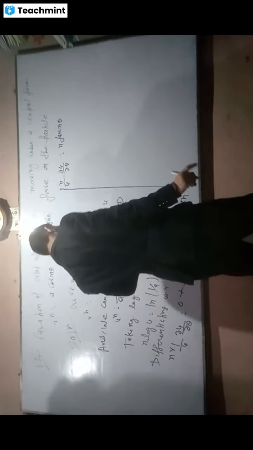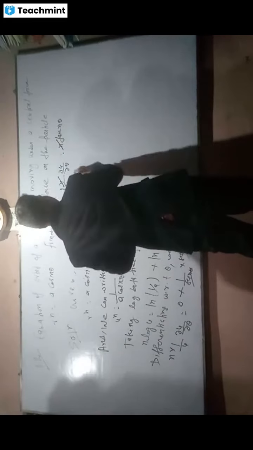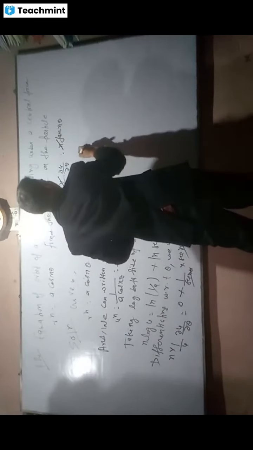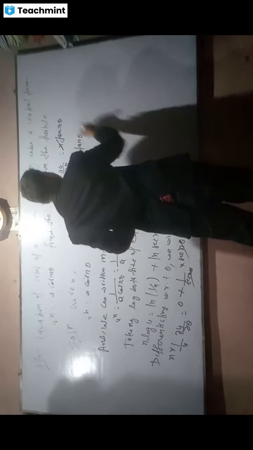Here cancel out n tan nθ, n tan nθ, and also again differentiate. Okay, so cancel out, ∂u/∂θ equals u tan nθ. Okay, and differentiate again.